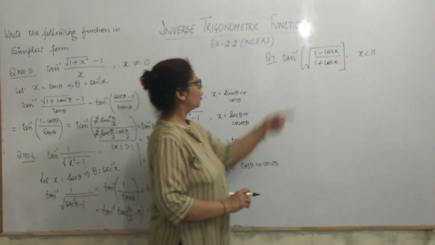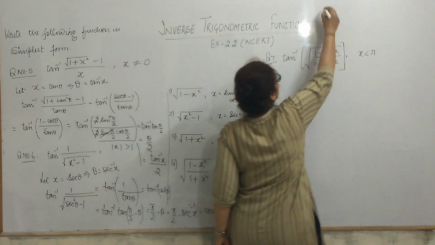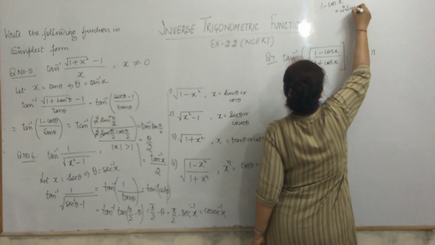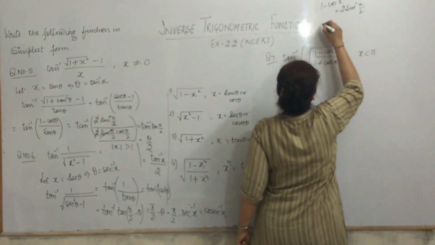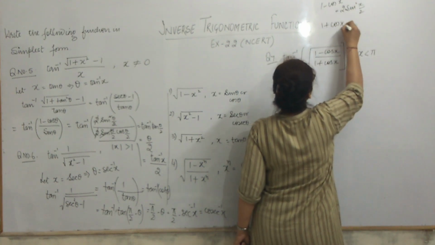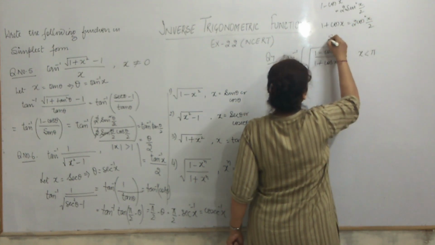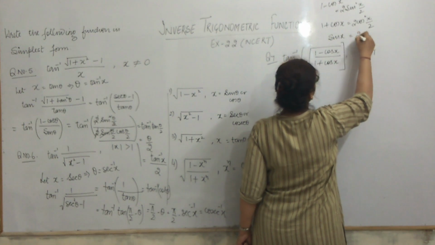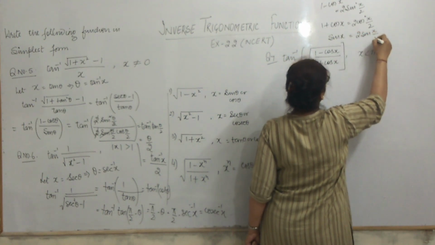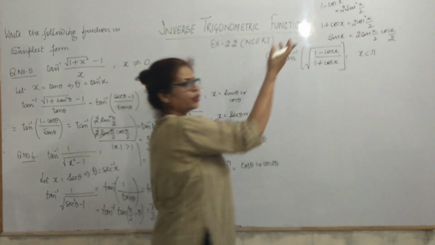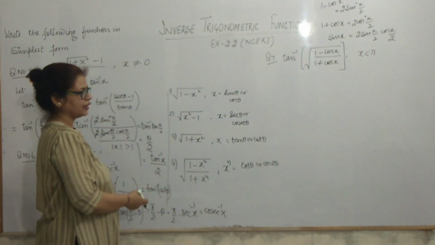So 1 minus cos x is equal to 2 sin square x by 2. 1 plus cos x is equal to 2 cos square x by 2. And sin x is equal to 2 sin x by 2 cos x by 2. I have written these formulas just for your reference. You are using these again and again, right?